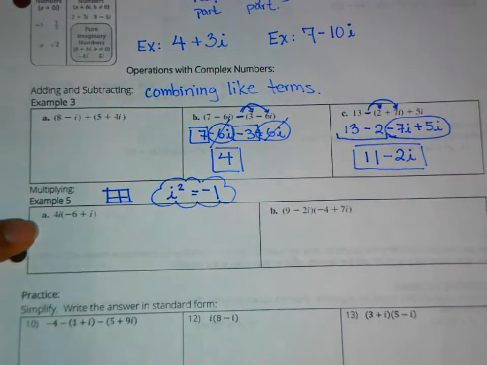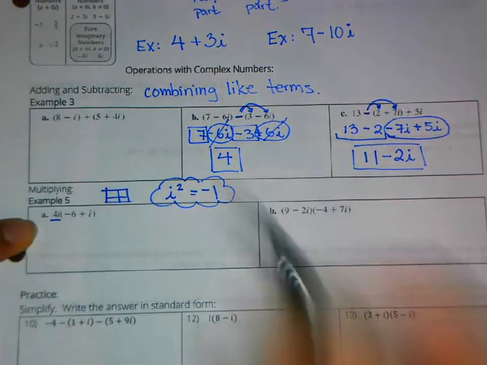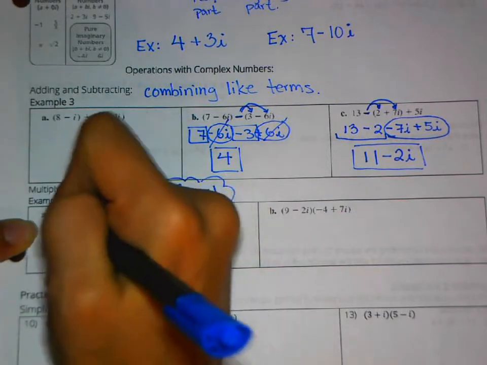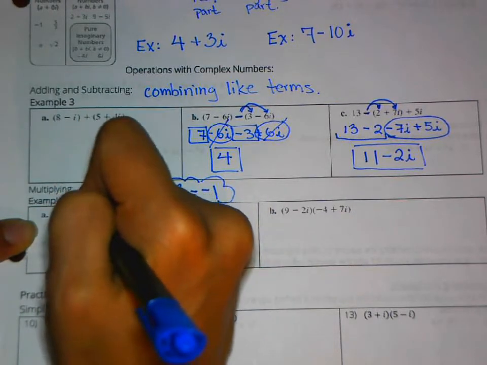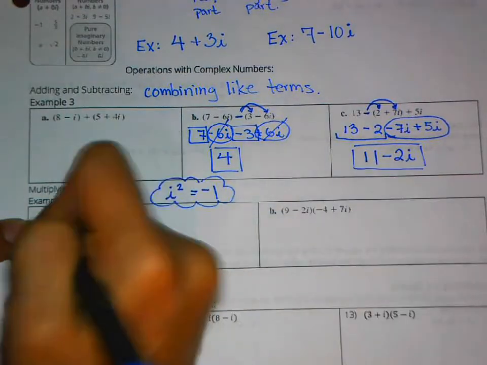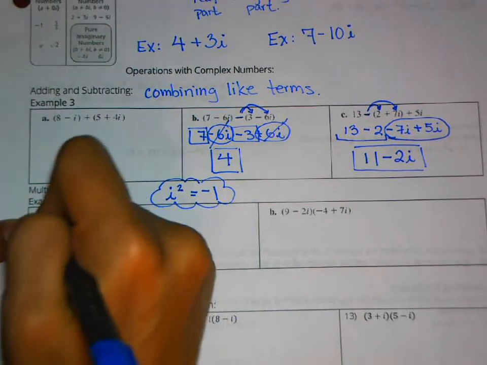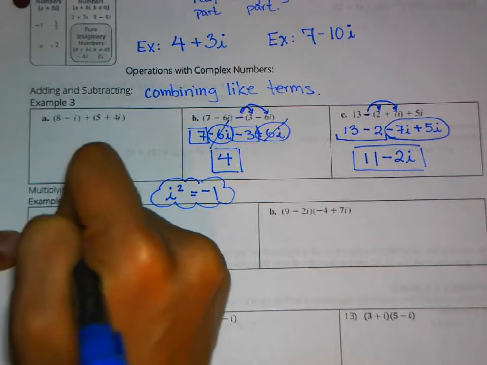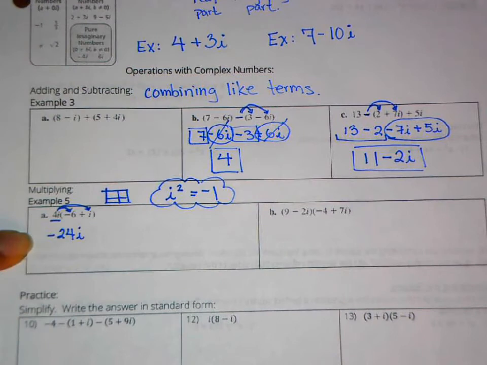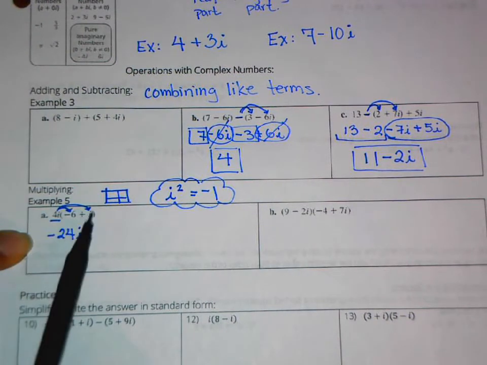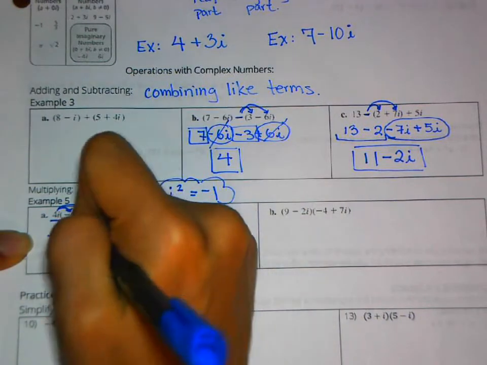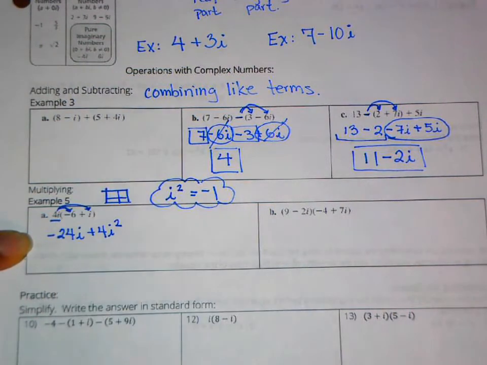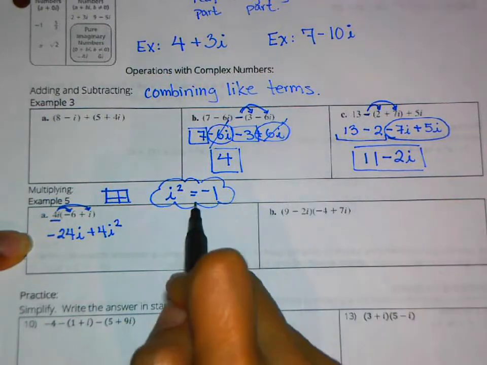For the first one, 4i times negative 6 plus i. In this case, I can distribute that 4i in. 4i times negative 6 is going to give me negative 24i. 4i times i is going to give me positive 4, i times i, which is i squared. Remember how I said i squared is negative 1?